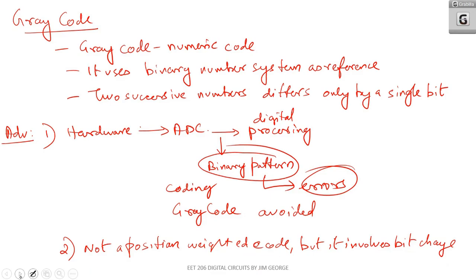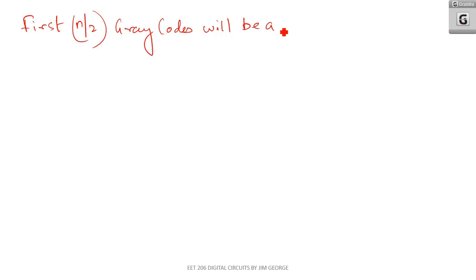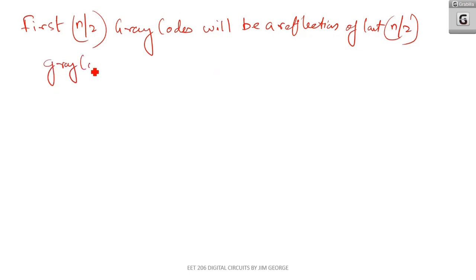Now another speciality of gray code is that suppose you have a series of gray codes, then the first n by 2 gray codes will be a reflection of last n by 2 gray codes. Now this part we will prove in this lecture. This is an important feature of a gray code. This part we will prove by the end of this lecture.